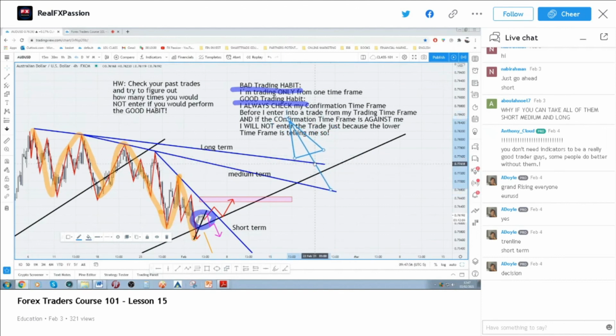Sure, we are going to have some losers, but we are going to lose less and win more. Make sense, everybody? Can you understand this, or am I talking too much like philosophy? But I believe this is common sense, right? If you can implement good trading habits.